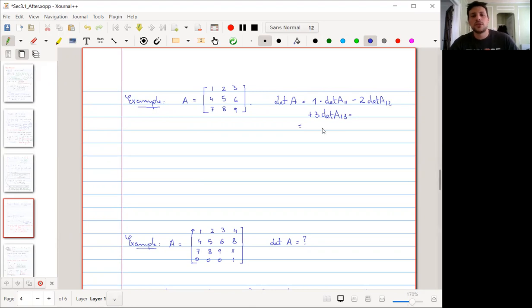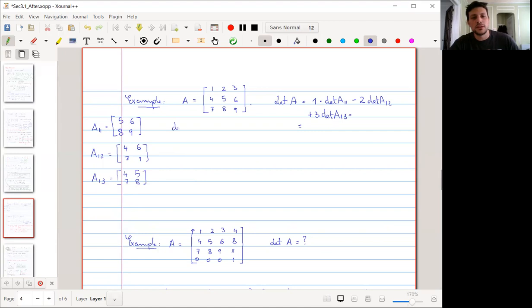Before we move on, let's look at these three reduced matrices. A11 is the matrix I get by canceling the first row and first column. So this is 5, 6, 8, 9. A12 is what I get by canceling the first row and second column, 4, 6, 7, 9. And A13 I get by erasing the third column. So it's 4, 5, 7, 8.